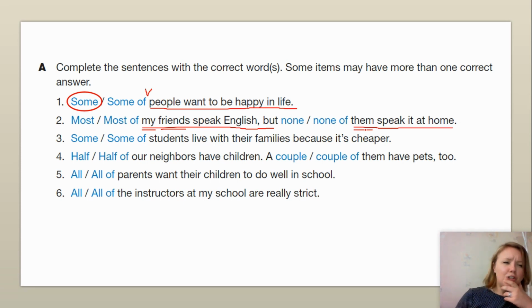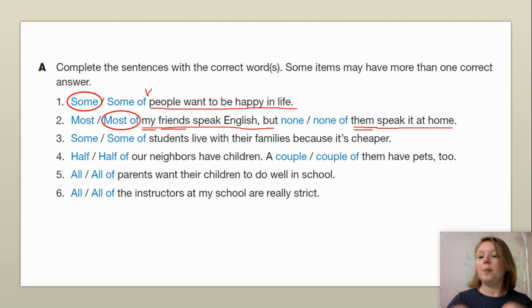So is this a general statement or something specific? Here it is specific. Most of my friends speak English. Okay, and how do we know we use of? Because we have that determiner my, and it's not about friends everywhere, it's my friends, specific.